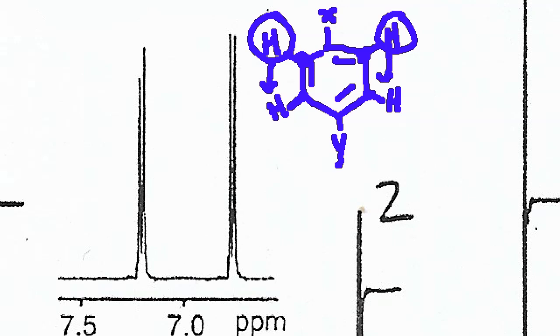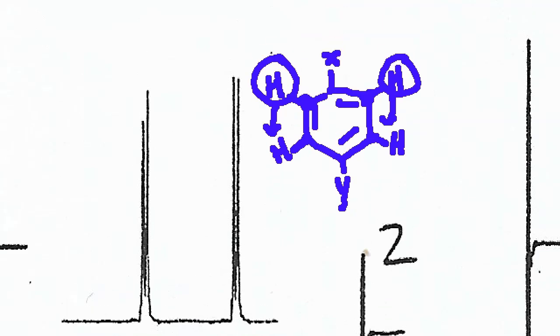It's experiencing the same thing. So one neighbor, if you use the n+1 rule, would be 2, so we would expect a doublet. So this splitting pattern most certainly confirms that we have a para-substituted ring of this nature. Right? Now I'm just going to delete that because we drew that up very close there.